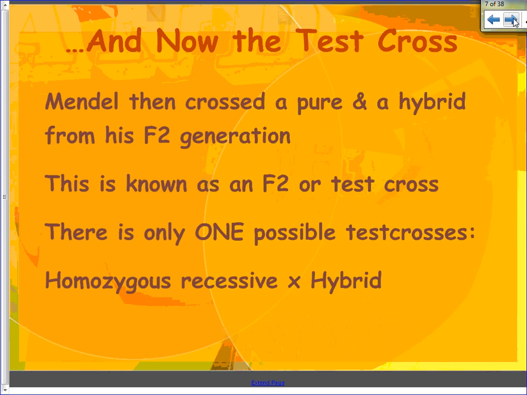There's only one possible test cross, so we can only cross the homozygous recessive with some sort of a known hybrid or with a known dominant, and that would give us our results. So for a test cross, we only use the homozygous recessive.